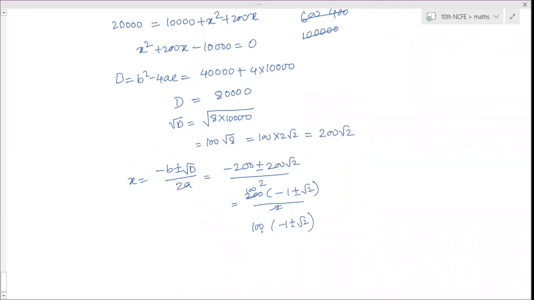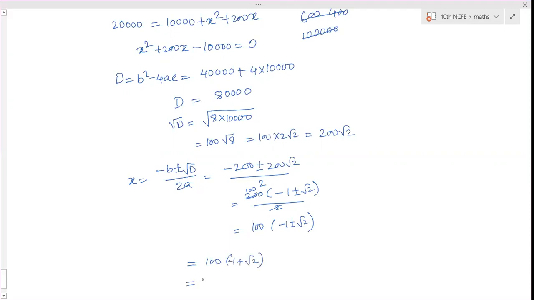This is the answer. If you substitute 1.41, we will get the percentage. This answer we got that side, 100 into minus 1. Yes, right. Same answer we got. Minus 1 minus root 2 is not possible. It should be minus 1 plus root 2.